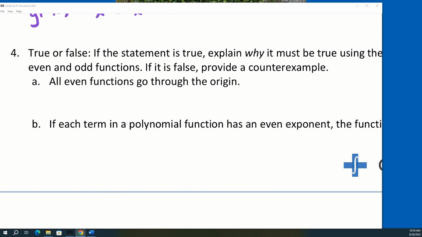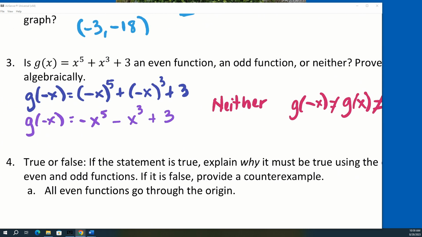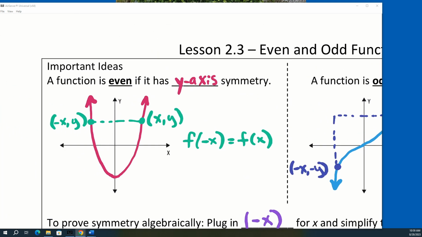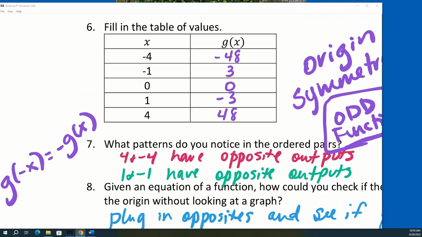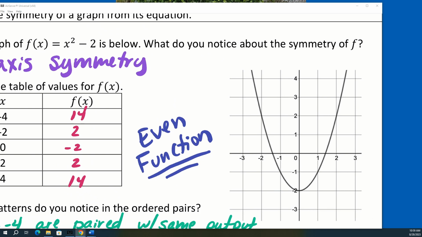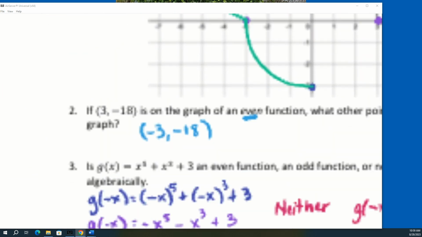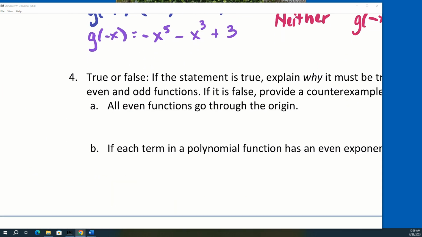Do you think that has to be true for even? It doesn't. The one I drew up here, an even function, doesn't go through the origin. This one is basically the same function. So this is false. And you can just do a drawing or you could write an equation. It's up to you. It's a little bit easier just to do a little graph.